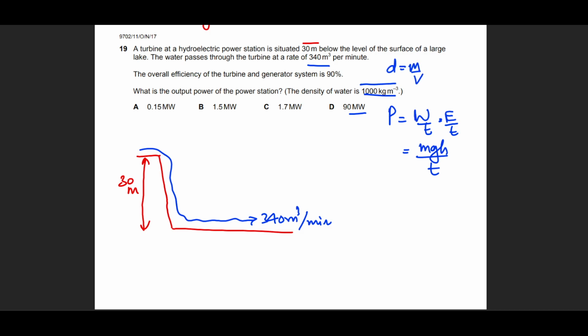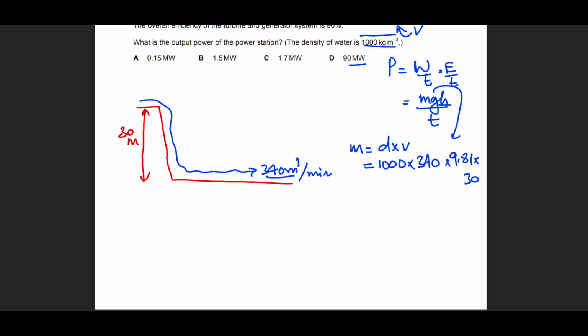I know the volume, which is 340 meter cube. I take it to the other side, so the mass is going to be density multiplied by volume. Density is 1000, given in the question. Volume is 340, multiplied by g, which is 9.81, and height, which is given as 30 meters.